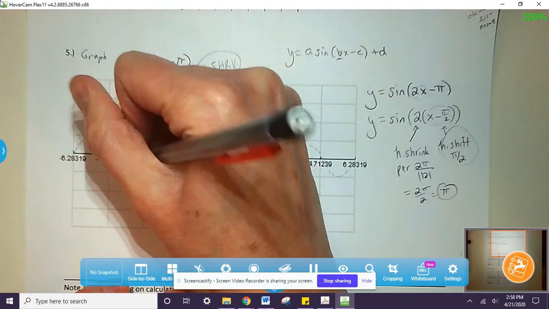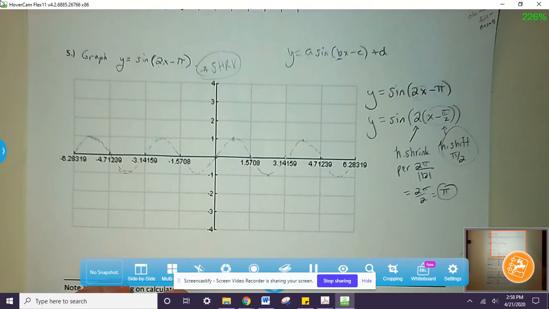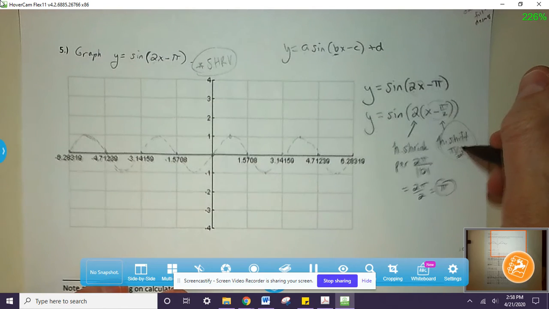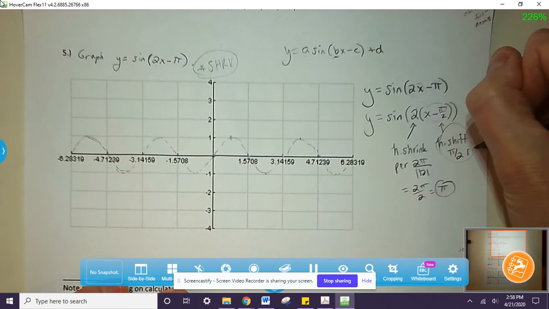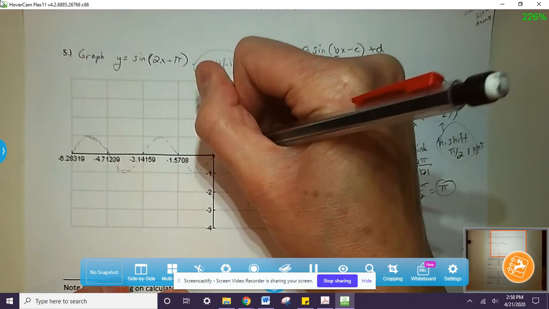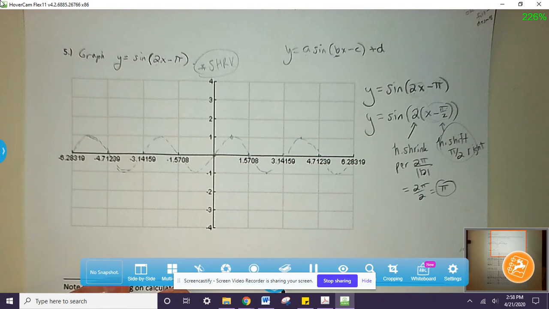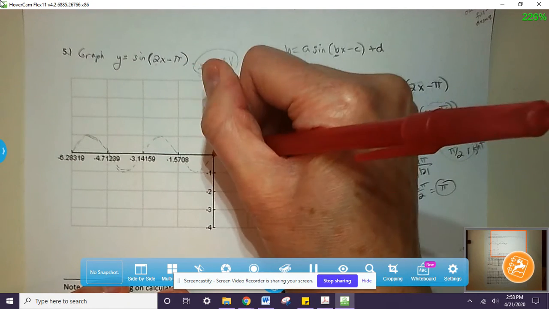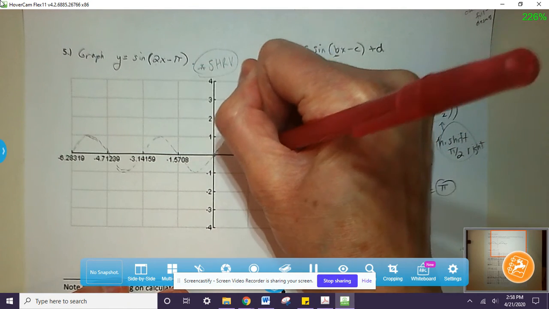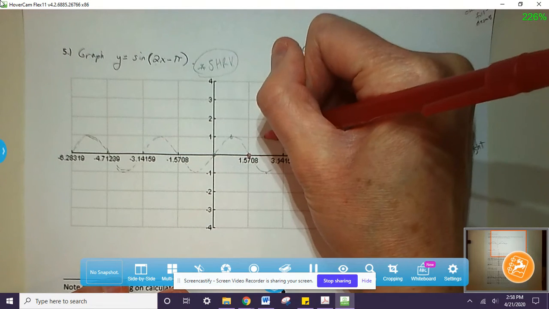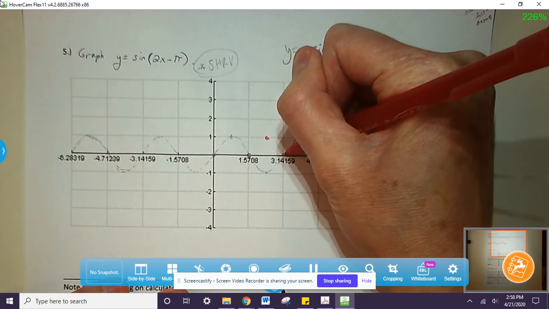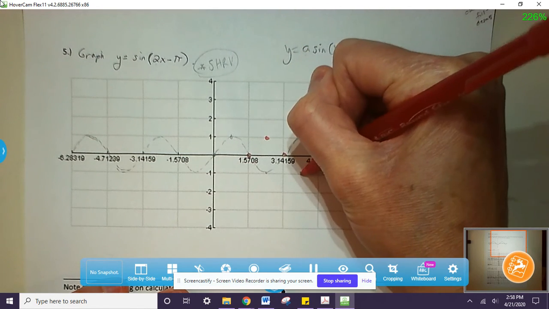So there's our horizontal shrink of sine to make a period of pi. Now what we're going to do is shift it pi over 2 to the right. So pi over 2 to the right means that we're going to go 1 tick mark to the right for all of those critical values. So the intercept that's usually here goes pi over 2 to the right. The max is going to go pi over 2 to the right. The intercept goes pi over 2 to the right. The min goes pi over 2 to the right.